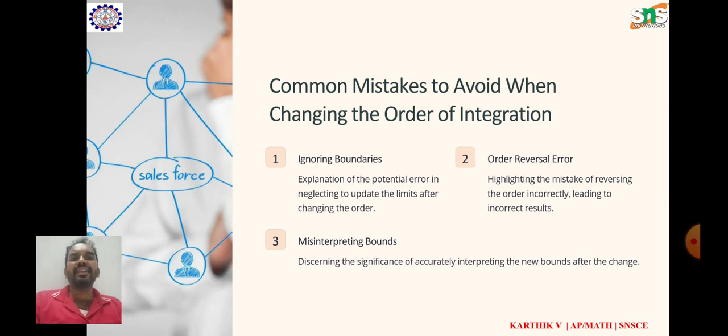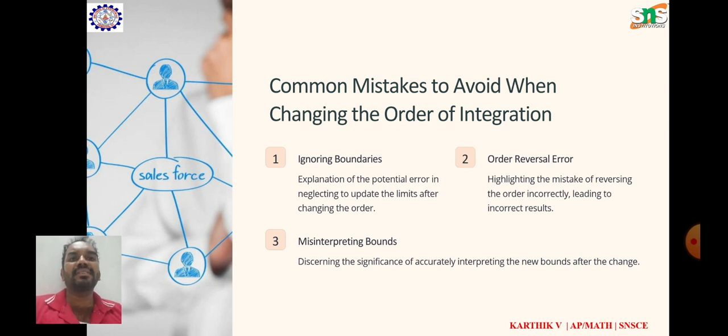Mistakes in defining the region can lead to errors in setting up the new integral. Second one, neglecting to update the limits of integration. When changing the order of integration, it is essential to update the limits of integration accordingly. Failing to do so can result in incorrect integral equations.